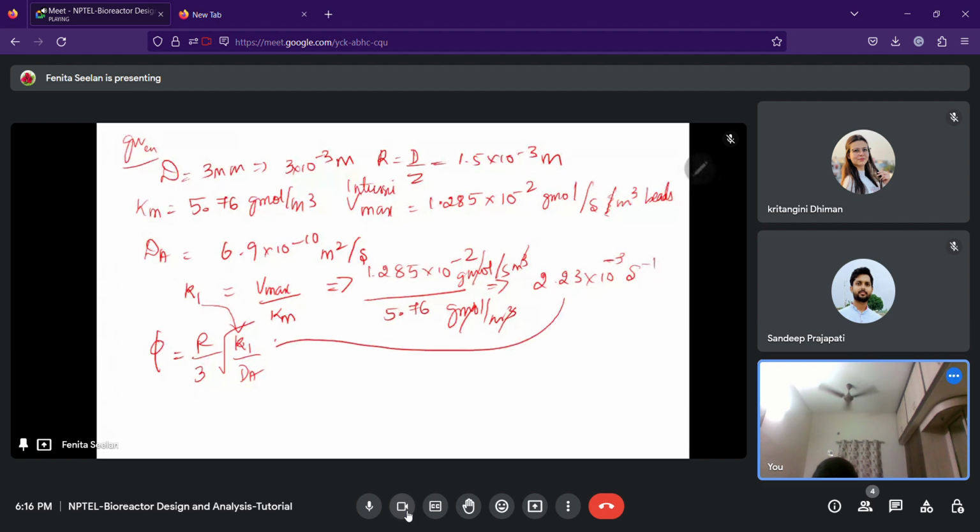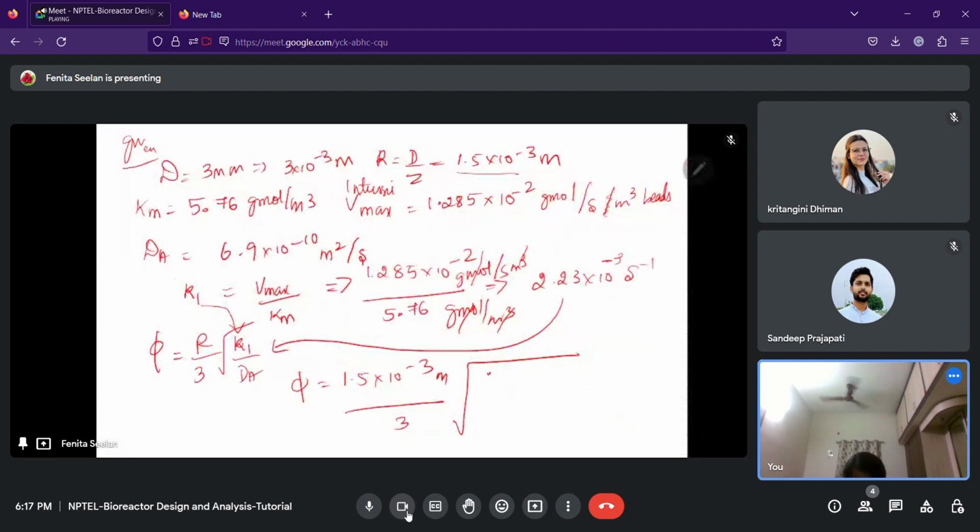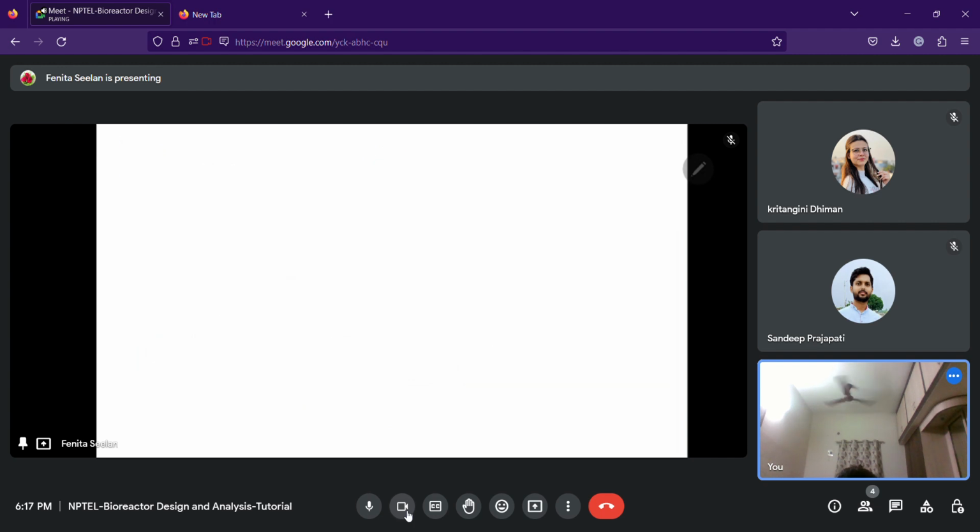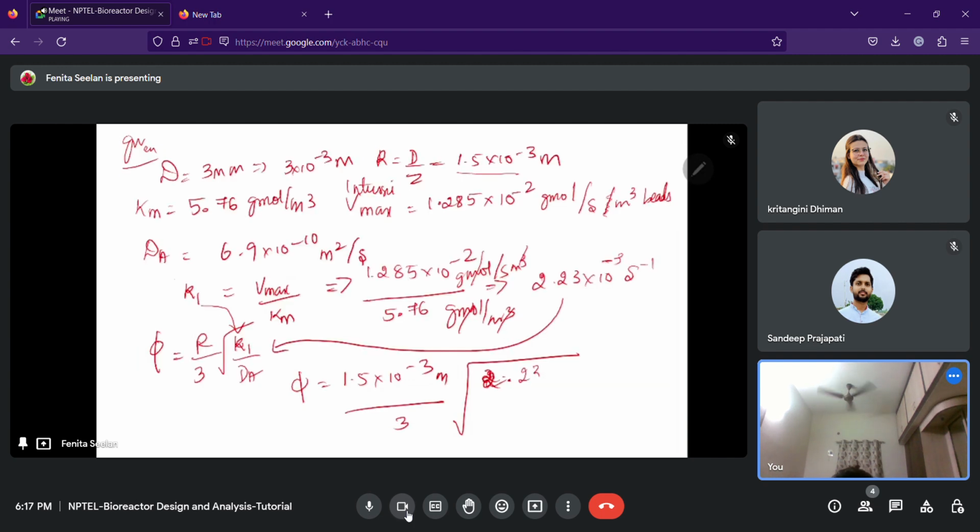So this can be substituted here. R we found is 1.5 into 10 power minus 3 meter divided by 3, into root of your K1 is 2.3 into 10 power minus 3, divided by your effective diffusivity, 6.9 into 10 power minus 10.